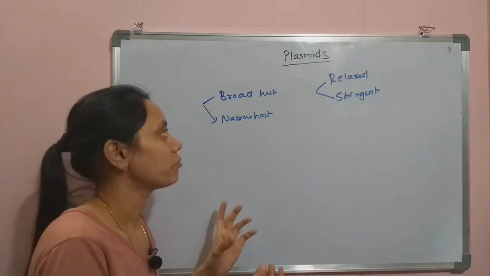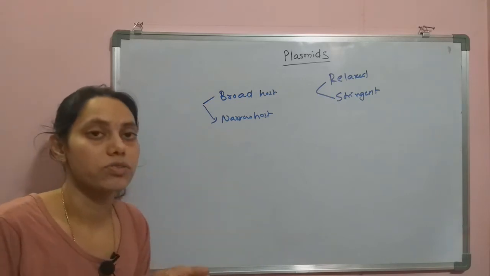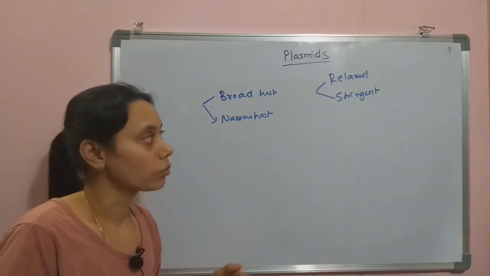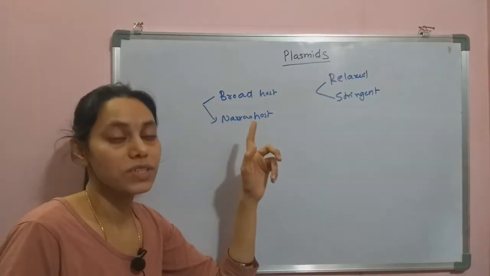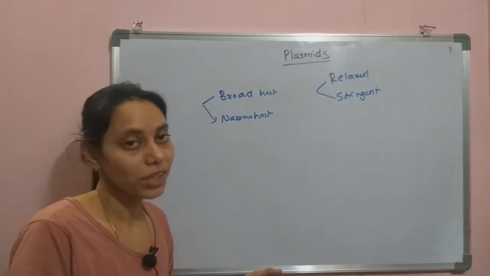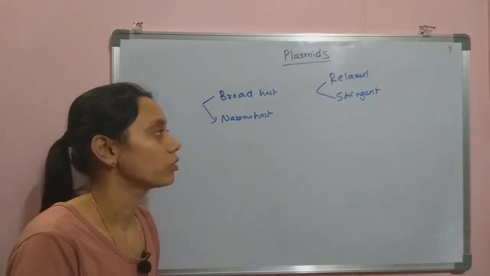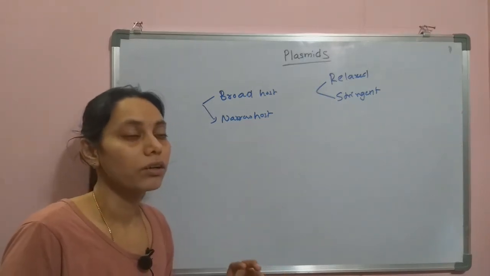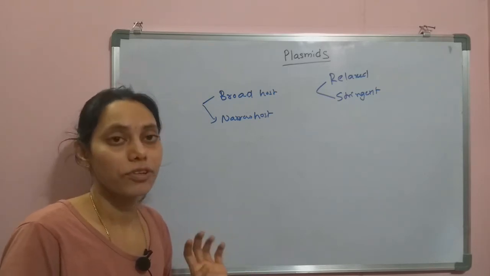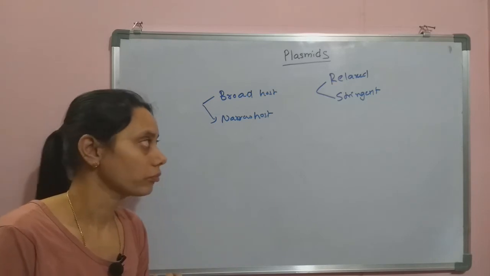So that is the main example of broad host range plasmids. They can form new species resistant towards different antibiotics, so these antibiotics will become less functional towards the different species of bacteria.